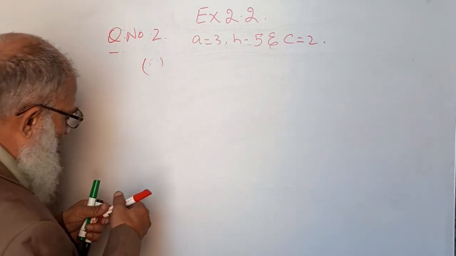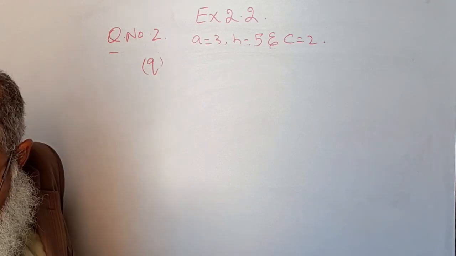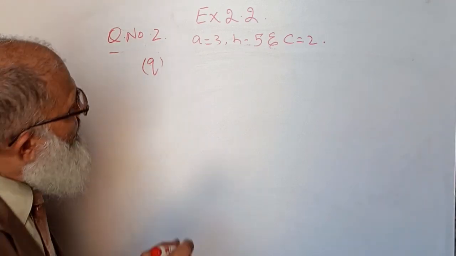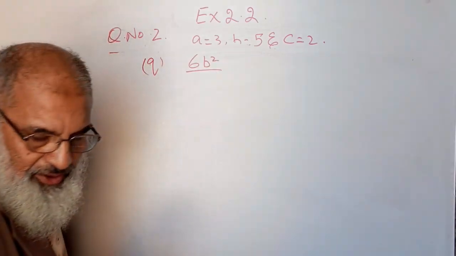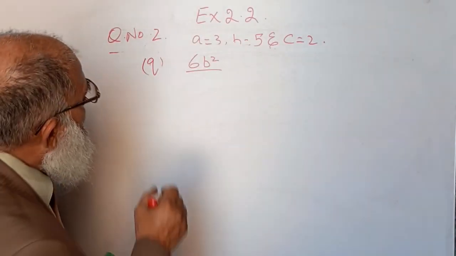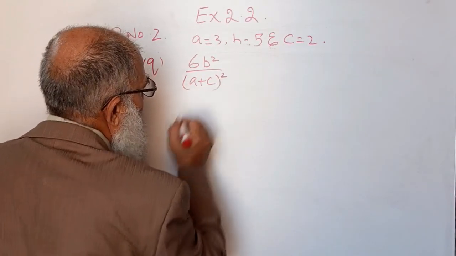Let us start from Q first. Q is 6b square, divided by a plus c the whole square.